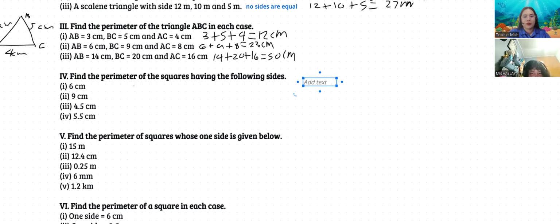This is a polygon, anak. How many sides does a square have? 4. 4 sides. Okay. And what is the characteristic of a square that makes it different from other polygons?